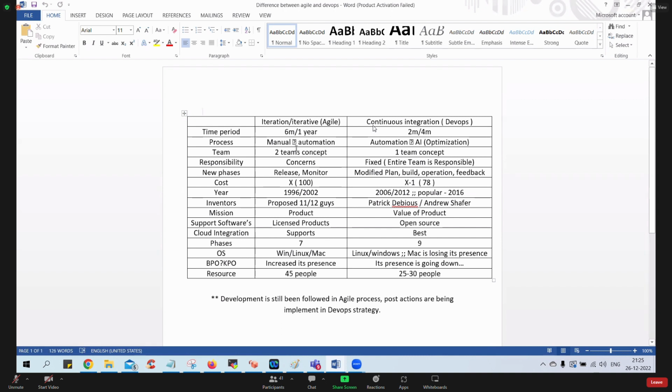Okay. So this is an observation, or you can say this is the fundamental difference when you see agile oriented projects and DevOps oriented projects. So let's see the time factor. Normally in agile, we can finish off the projects in 6 months to 1 year, right?